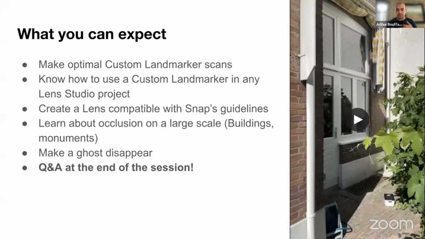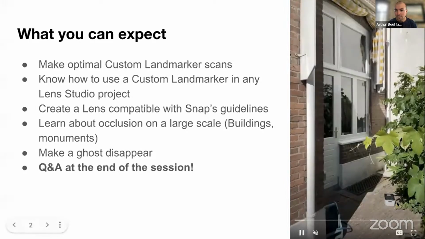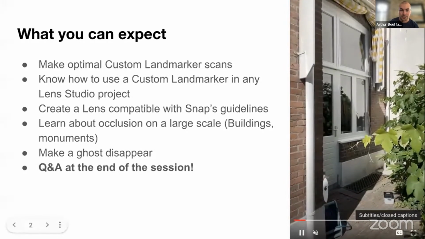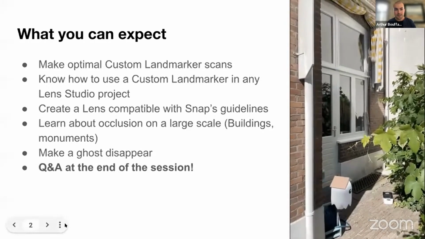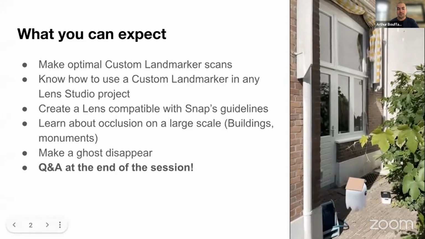There's also a lot I'm going to talk about with occlusion, basically how to occlude large structures or buildings in the process of making a lens with custom landmarkers. And I'm going to teach you how to make this little ghost appear and disappear out of my garden wall. There will also be a little Q&A session at the end.